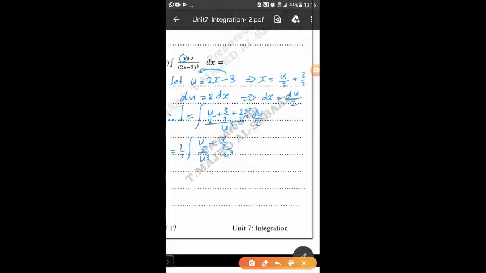I separated and added at the same time, du. Is it clear? Yes. Right. Equal 1 over 2 integration. This 2 will be down, and this 2 will be down. So it's going to be u over 2u cubed plus 7 over 2u cubed.